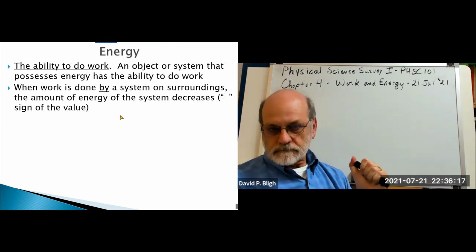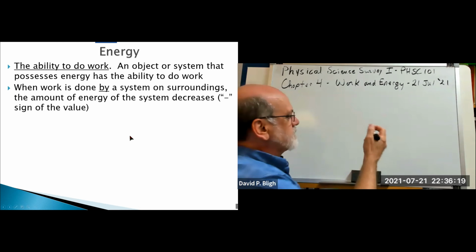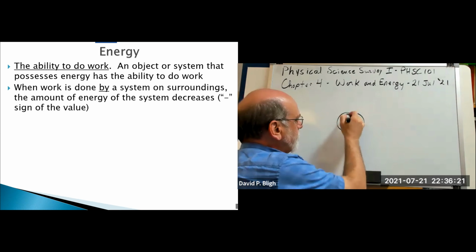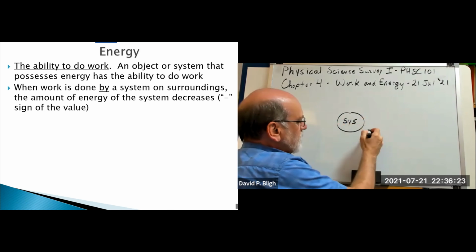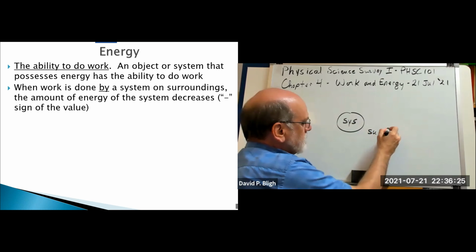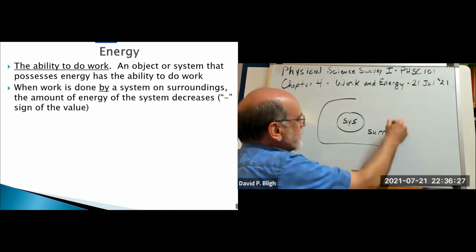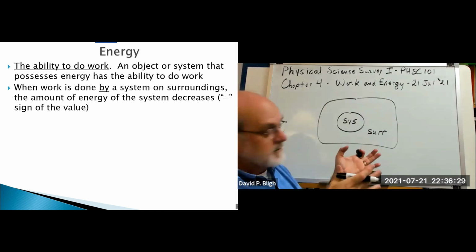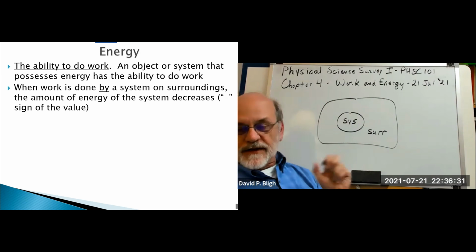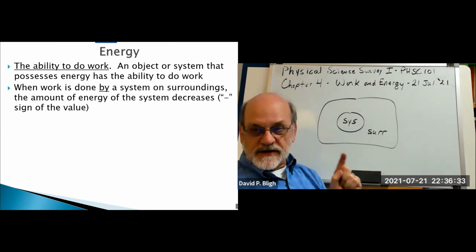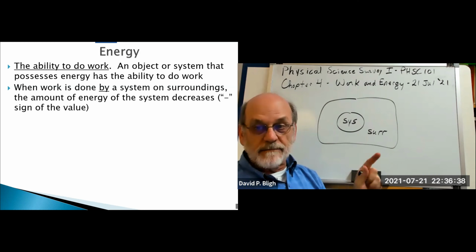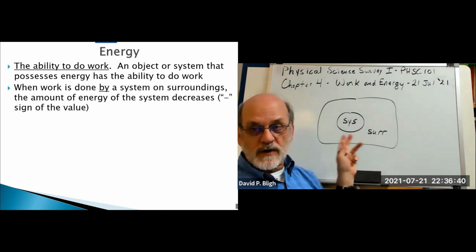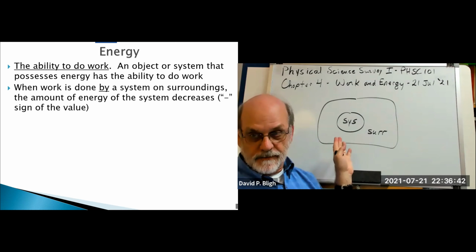So when we have system and surroundings, there's our system, here's our surroundings, and we may choose that the surroundings are only that much. Everything is in reference, the sign on any magnitude or any number, the sign is always in reference to the system.